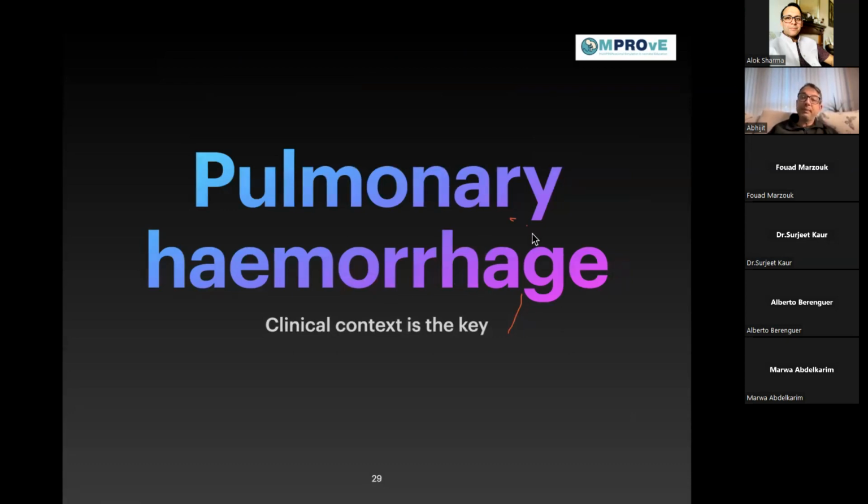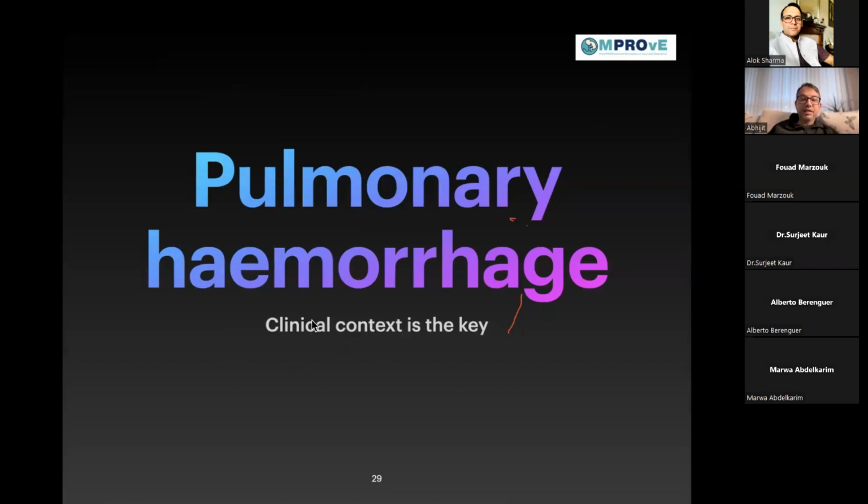So you are replacing the air with the fluid, which is the blood in this case. So you're going to see exact propagation of the same signs. The A lines start disappearing, the B lines come into the picture, and depending on how bad the pulmonary hemorrhage is, your ultrasound picture is going to worsen.